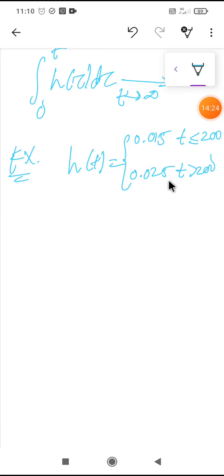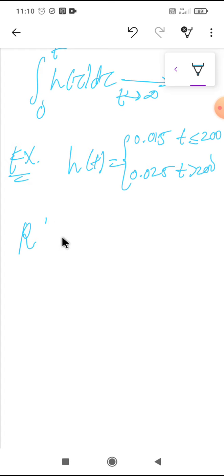Thus the hazard rate is piecewise constant. We have to find an expression for the reliability function of the component, that is r of t.